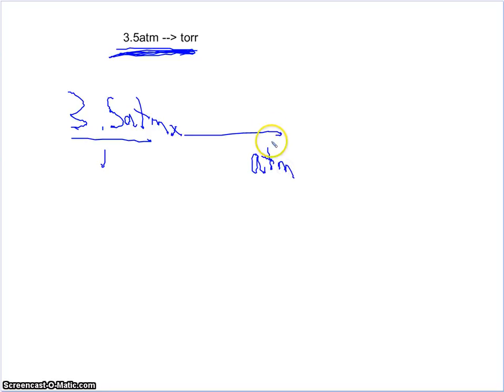If I want to go from 3.5 ATM and convert that to torr, I start with my 3.5 ATM. I multiply by my conversion factor. Remember, this is over 1. You can write that or not, whatever helps you. I need to get rid of the ATM unit, so I put that on bottom. I need to go to the torr unit, so I put that on top. I know from my equation sheet or my memory that 1 atmosphere is equal to 760 torr. And a conversion factor, top and bottom, must always be equal.